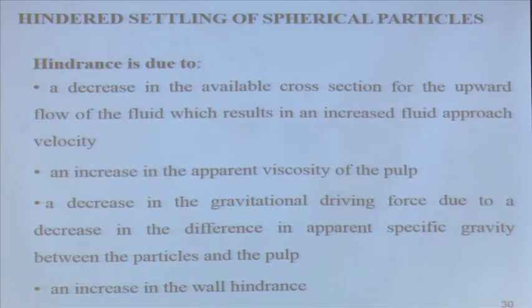I am talking about upward velocity, but at the same time, if the particles are suspended, when one particle tries to go down, it may hit another particle, and the particle density, that is the suspending fluid, what it will be displacing. So you are not displacing only that water, you also have to displace the suspension.